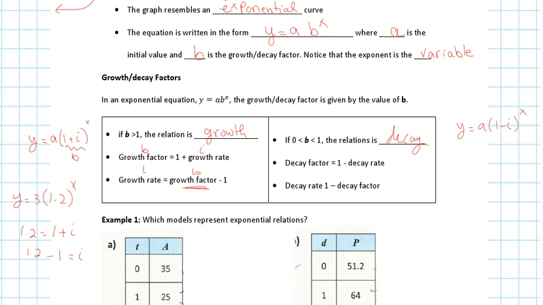And 1 minus i is what makes your b. So once you plug in your rate, that's what's going to make your b. So the decay factor b is equal to 1 minus the decay rate.